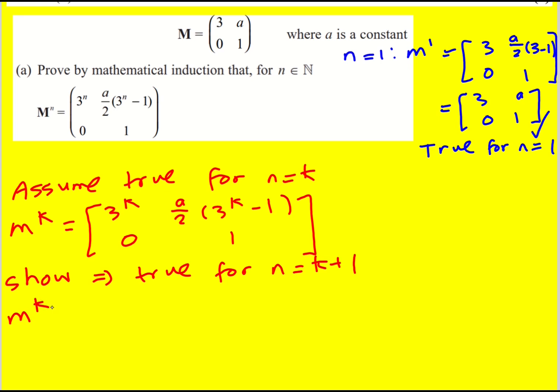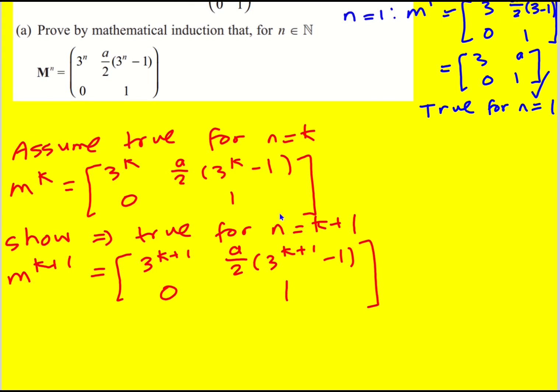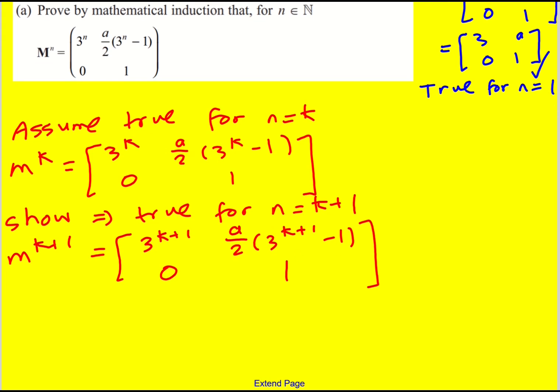It's quite often good just to write down what we're trying to get to as well. So I'm going to do that here. Not absolutely essential because there's not a lot going on. It's just 3 to the k plus 1 that I'm writing down instead of 3 to the k. All right, now let's get into it.